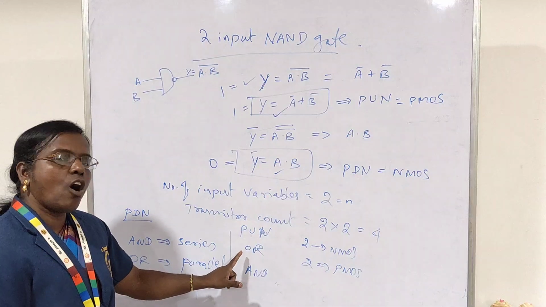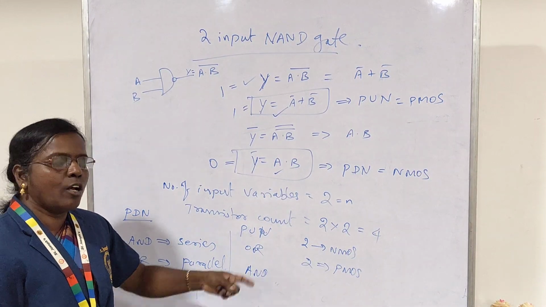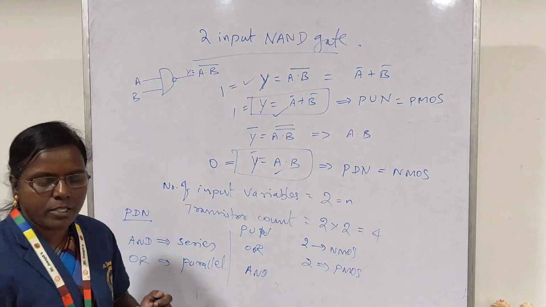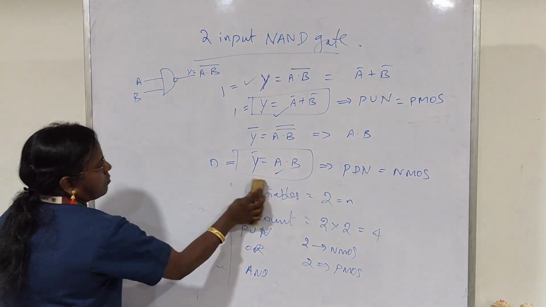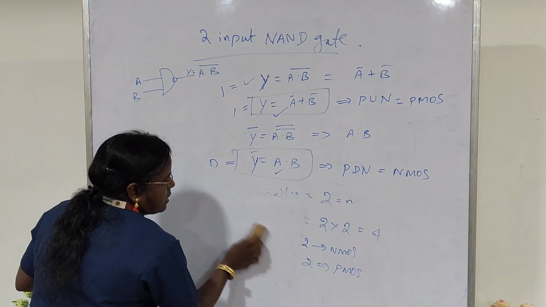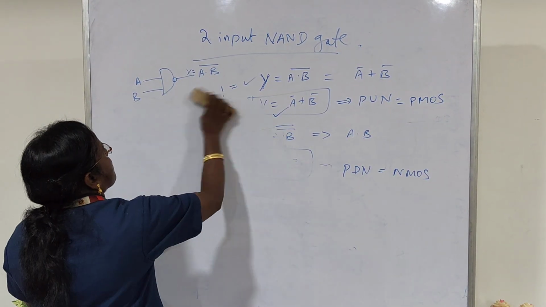For implementing OR function, 2 transistors must be connected in series in the pull-up network using PMOS transistor. That's the thing we are going to see now. While drawing the CMOS logic, always try to implement the pull-down network first.